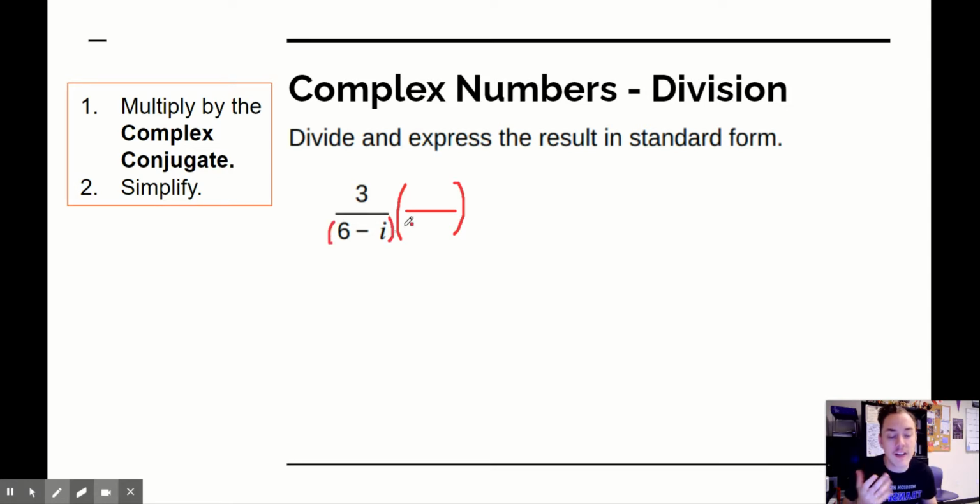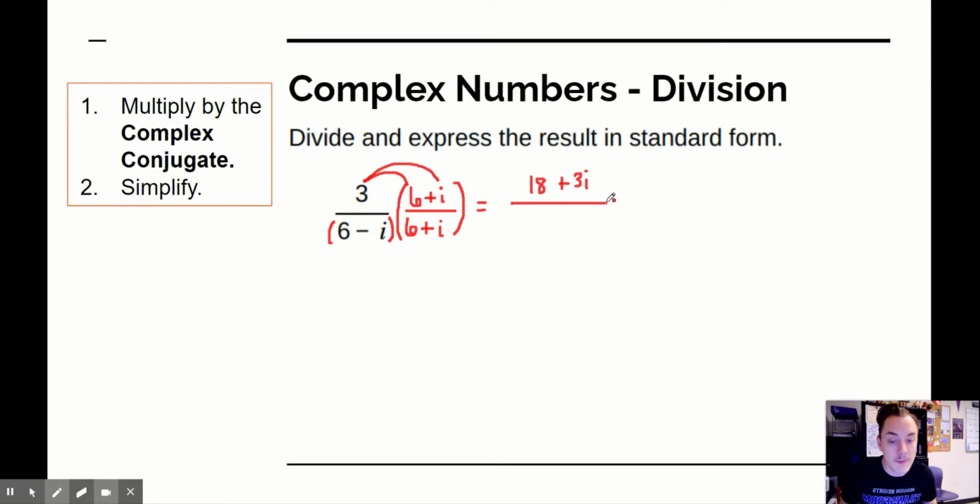Because what I do to the denominator, I have to do to the numerator. So this is going to be 6 plus i. Notice what I did there, 6 plus i. And then this is also 6 plus i. So now I can actually multiply this through just like normal on the top of my fraction. 3 times 6 is 18. 3 times i is just plus 3i.